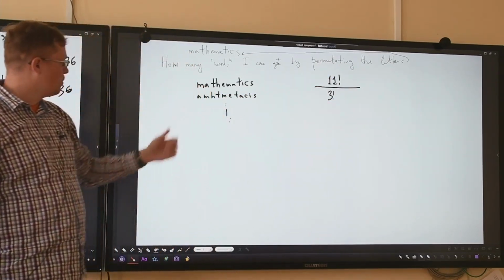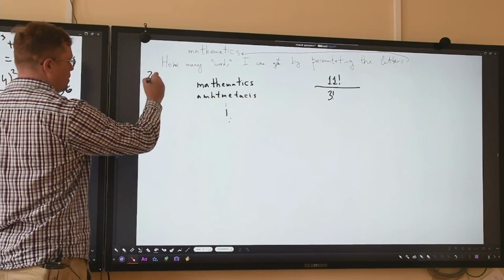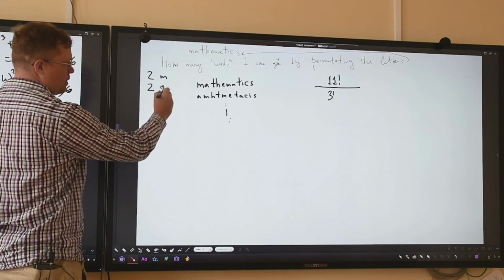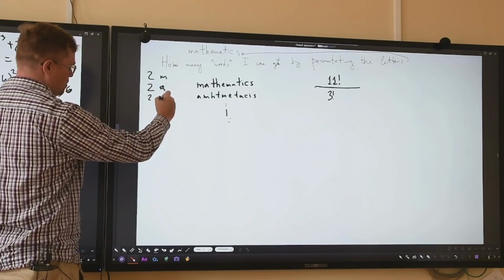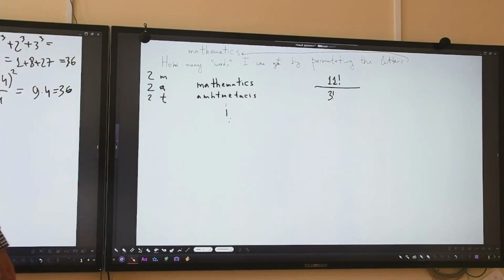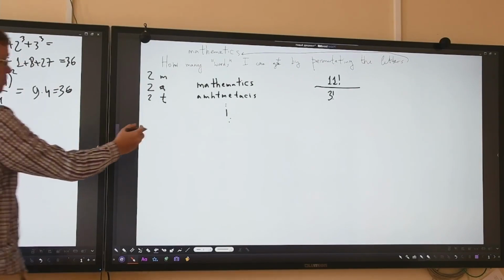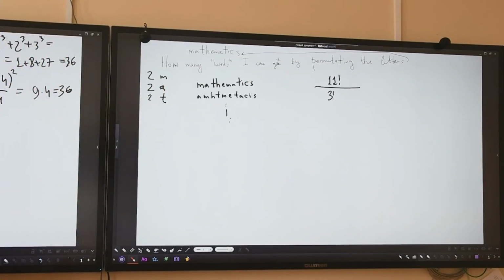But we will have two M's, two A's, and two T's. And all other letters will occur only once. So what do I need to change in the formula of 11 factorial to get all these permutations?